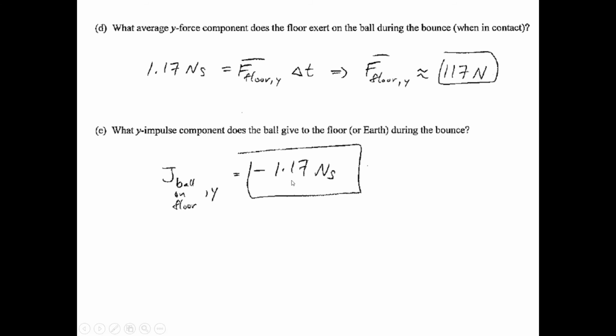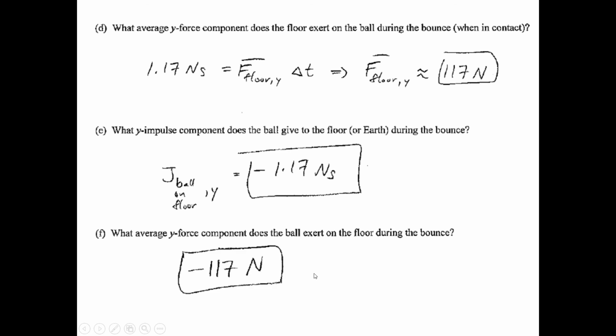Floor to the ball gave 1.17, so the ball to the floor y component impulse is minus 1.17. That's just Newton's third law. And then finally, what average y force component does the ball exert on the floor? We already have the floor on the ball is 117 newtons, so the ball on the floor must be minus 117 newtons. The floor is pushing up on the ball, the ball is pushing down on the floor, and that's a negative y force component.